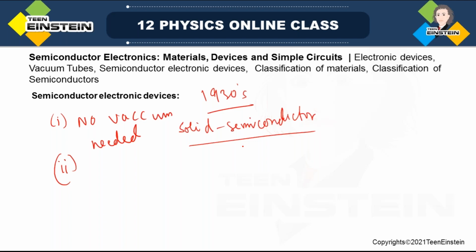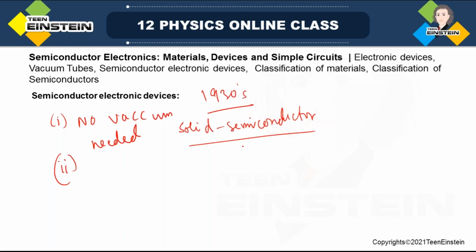That means after switching on, you have to wait for the device to work. Wait for at least some time, because cathodes will emit the electrons. That is not an instantaneous phenomenon. It has to acquire proper heat to emit electrons.